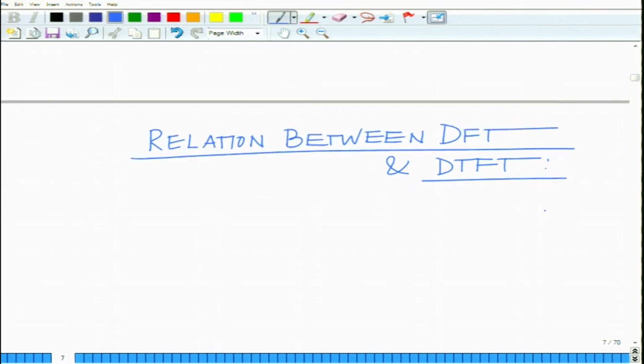Now consider a signal x[n] for 0 less than or equal to n less than or equal to N minus 1, and 0 otherwise.